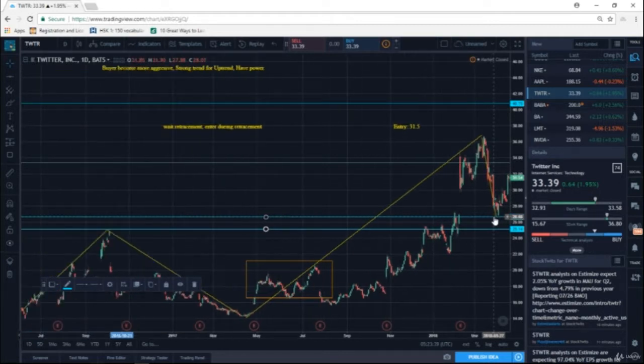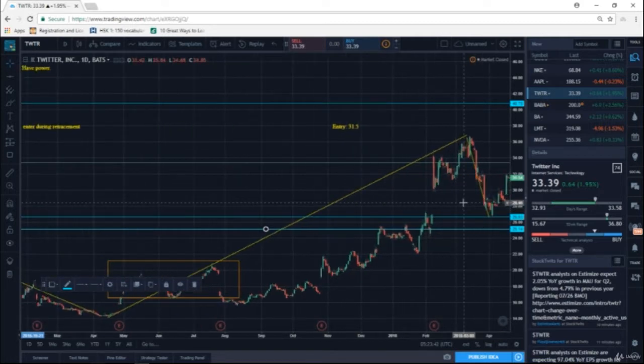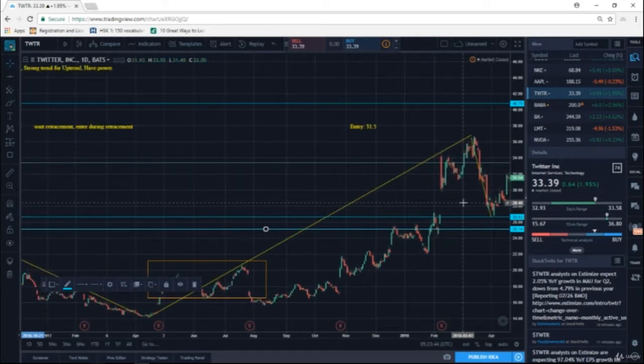We want to give our price enough room to fluctuate, so that we are not easily stopped out and lose our position.